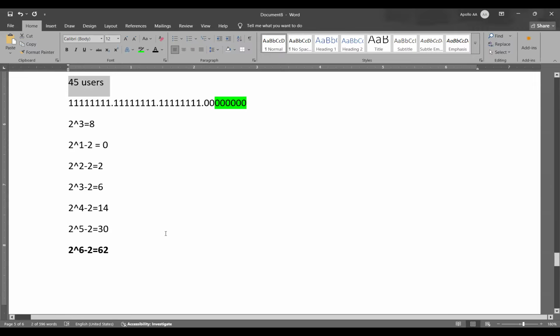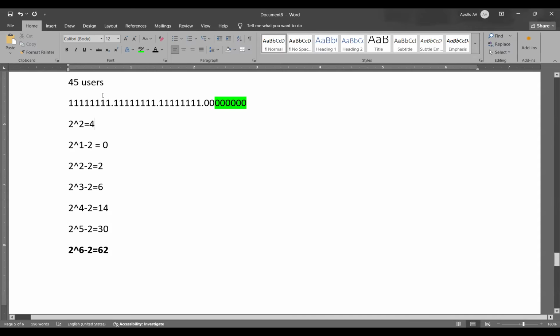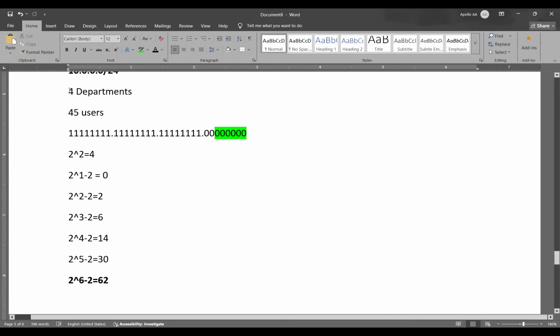So what you are saying is the correct thing, that we should have at least 6. That leaves us with just 2 network bits, so 2 raised to power 2, which is 4. That still meets our requirement up here. I hope, Peter, that one is now clear.